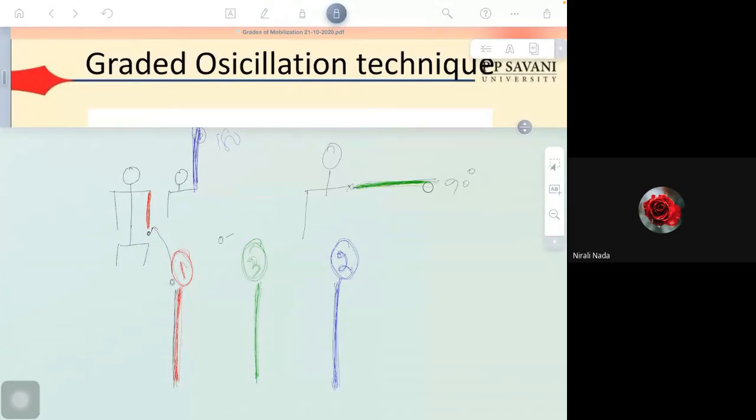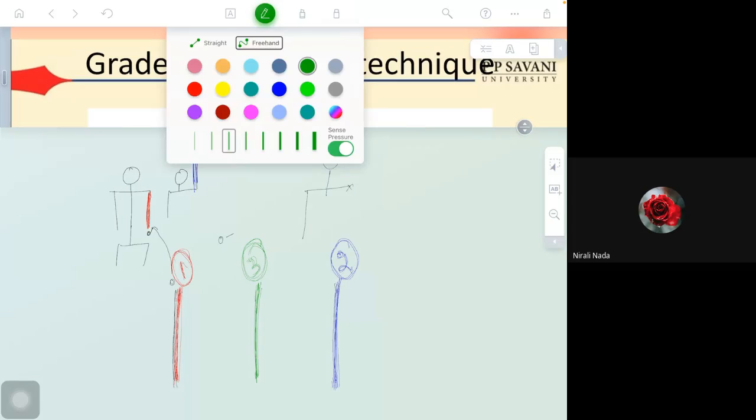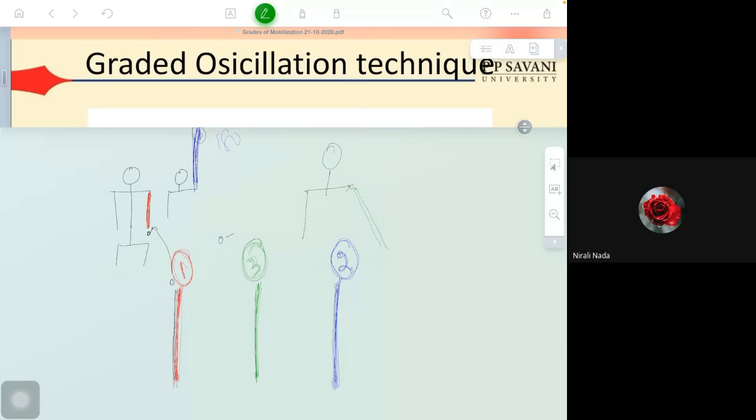Imagine a patient is having 40-degree range of motion. Now, line number 3 will not remain in this position.